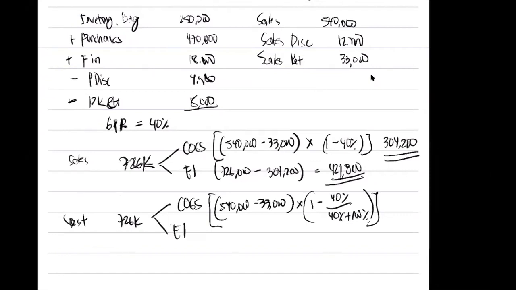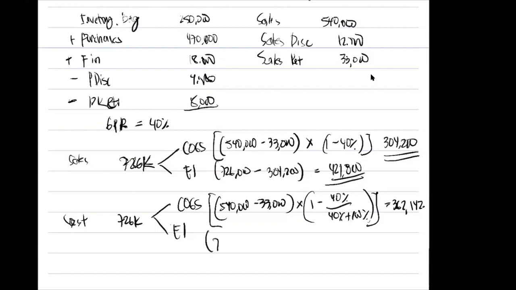We have 40 over 140. That is 28.57 less 1 multiplied by 507,000. So we have 362,142.86. So we disregard the point na lang para mas madali.